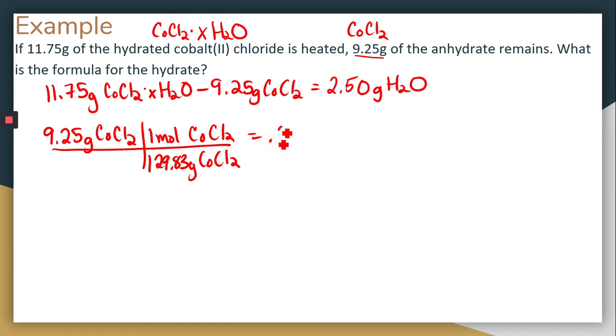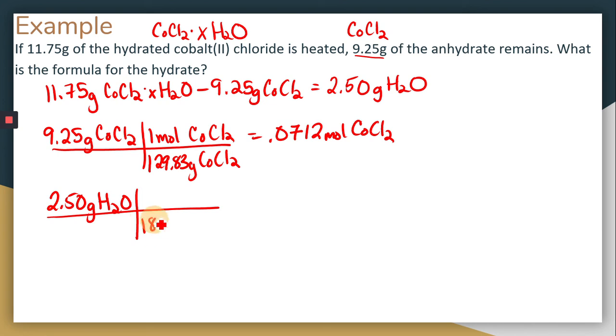And keeping our significant figures the same. Then we're going to do the same thing for our water. Keeping our significant figures.